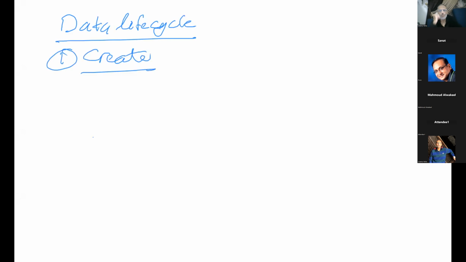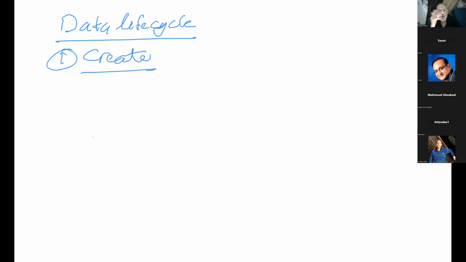First of all, you have to understand something, gentlemen. It is very important for the exam, maybe not for practical life, but for the exam. When we say create, this phase covers 2 different types of data: new, newly created data, or modified data.